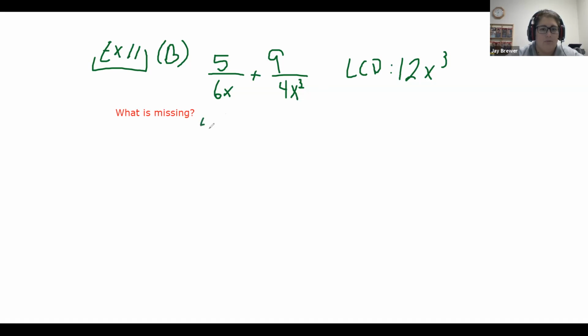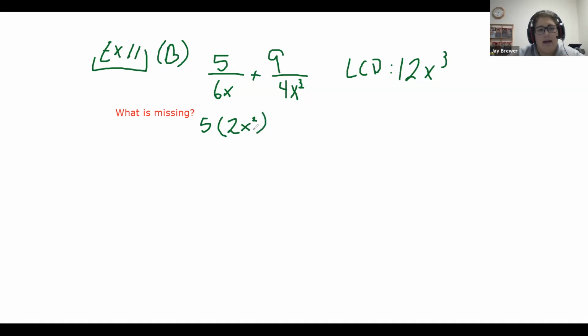And that's what we multiply on top. So obviously, to go from 6 to 12, we need to do what? Multiply by 2. Yep. And to go from x to x cubed, we're multiplying by what? X squared. Mm-hmm.